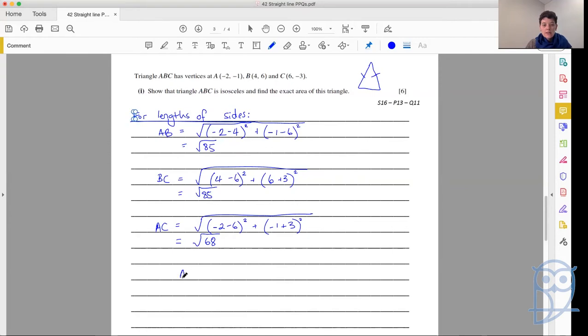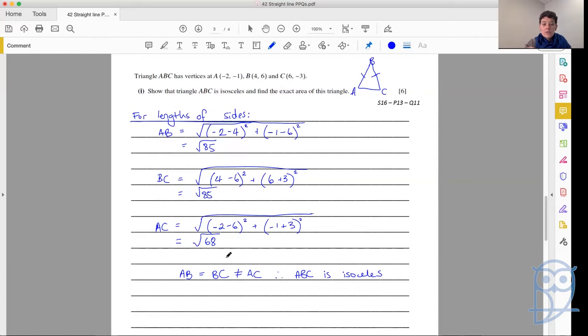So we need AB equals BC doesn't equal AC. Therefore, ABC is isosceles. We also can now label our triangle because we know that AB and BC are our even sides. So AC is the odd one out.